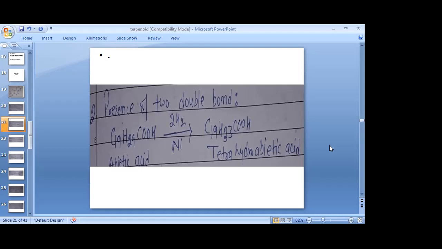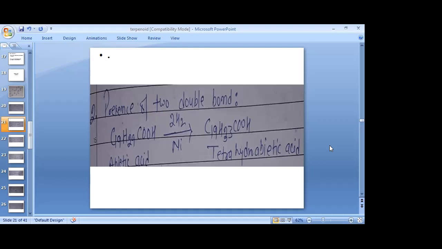In presence of nickel or Raney nickel, when abietic acid reacts with two molecules of hydrogen, it converts into tetrahydroabietic acid, which confirms there are two double bonds. So in abietic acid, two double bonds exist.